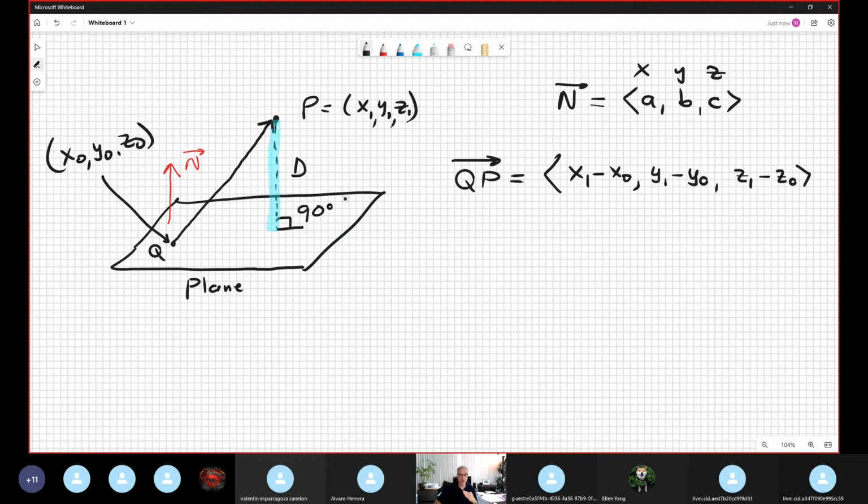Okay, if you find the horizontal projection of the vector QP in the direction of the vector M, the normal vector, it is the distance D. Of course, you find the actual value, so the magnitude. Do you understand the idea? This is complicated to see, I know. Well, at the beginning. After, when you train your eyes to this situation, then it is okay.